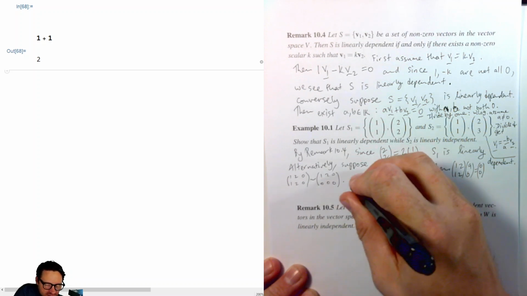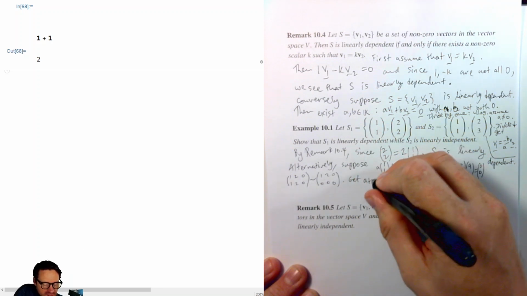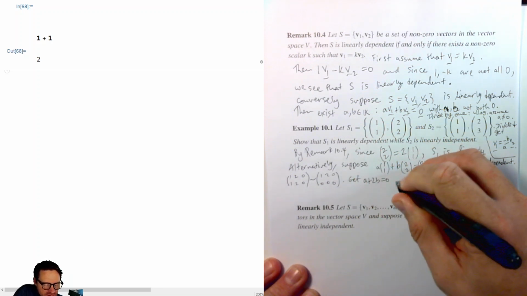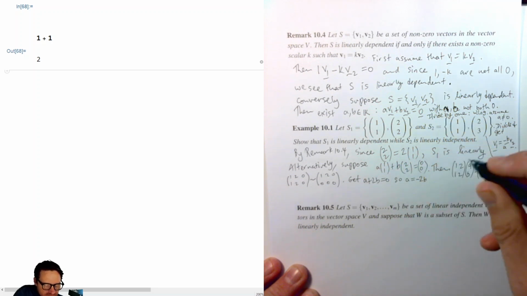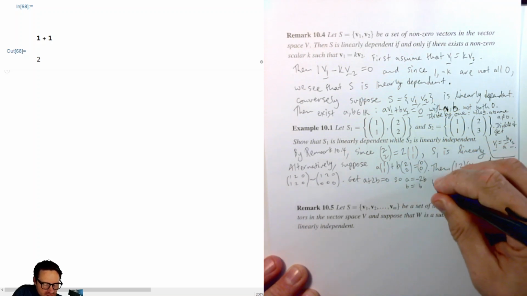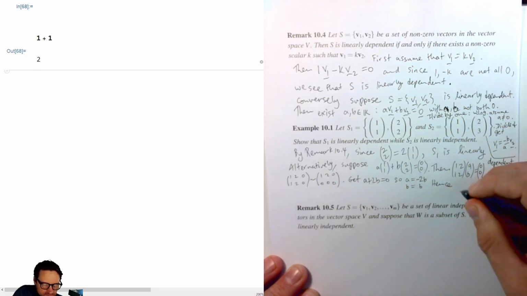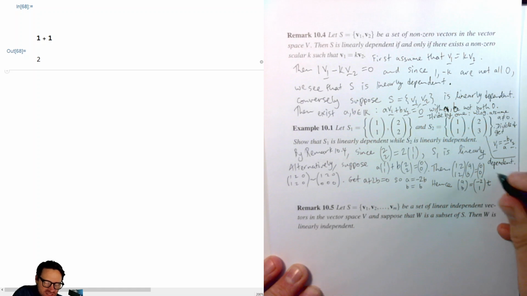So we have a plus 2b is 0, so a is equal to minus 2b, and b is equal to b. Hence (a, b) is equal to (-2, 1) times a parameter t, where t is any real number.